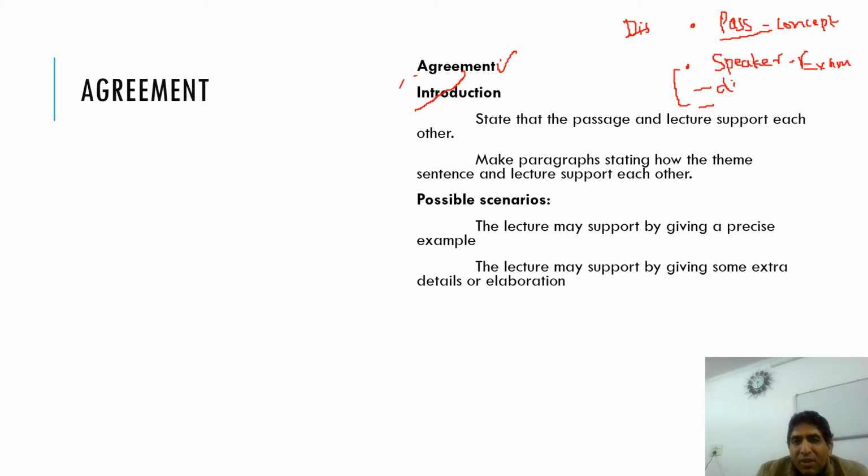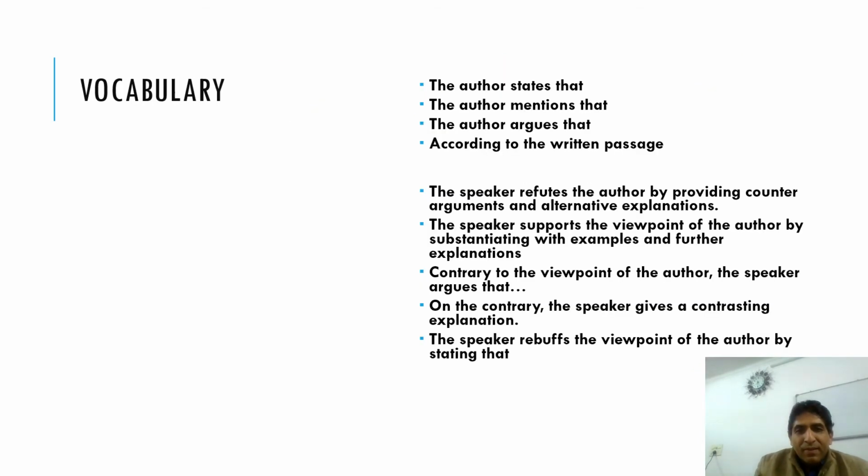So you have to be careful. Sometimes the question would be of agreement type, where the text and the spoken part would be in the same direction, or they would be supporting each other. The text might give some concept and the spoken part simply substantiates it with some examples.